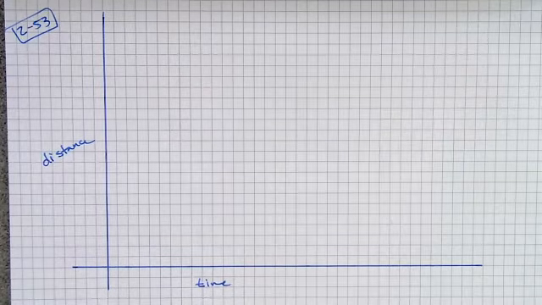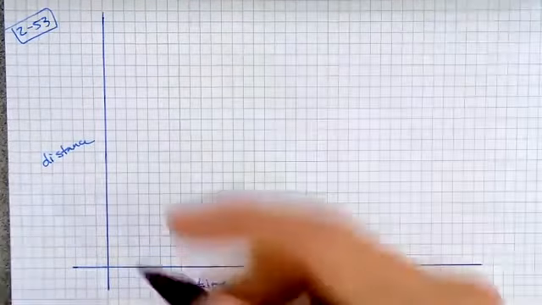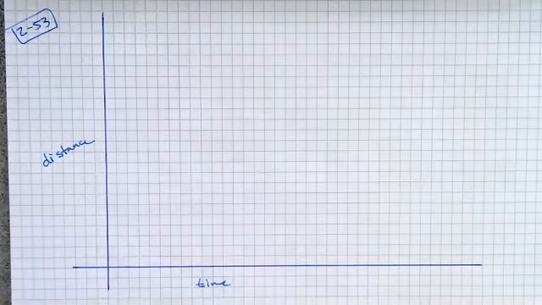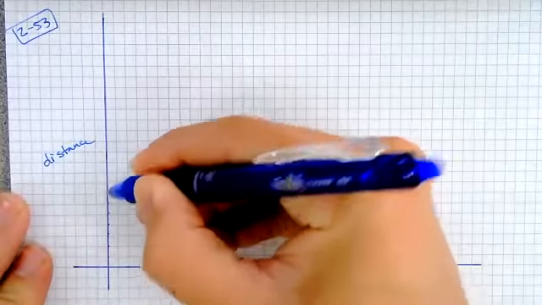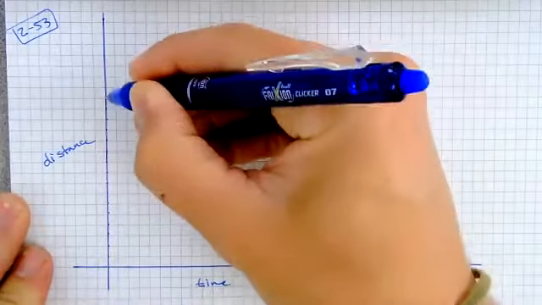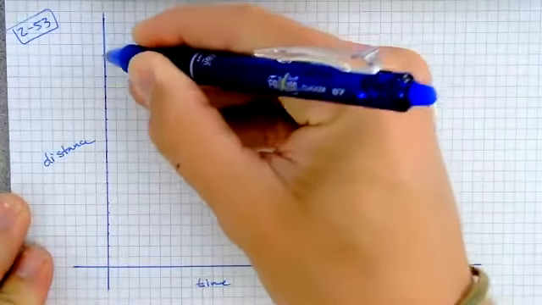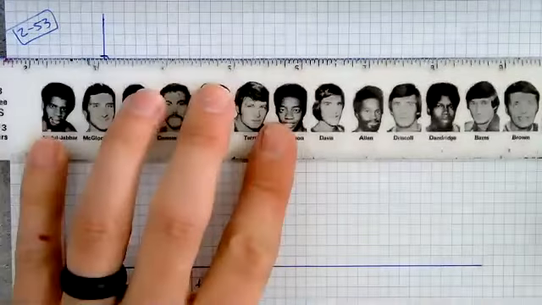Okay, so now we've got Elizabeth. Let's count 2, 3, 4, 5, 6, 7, 8, 9, 10, 11, 12, 13, 14, 15, 20. Make my finish line up here.